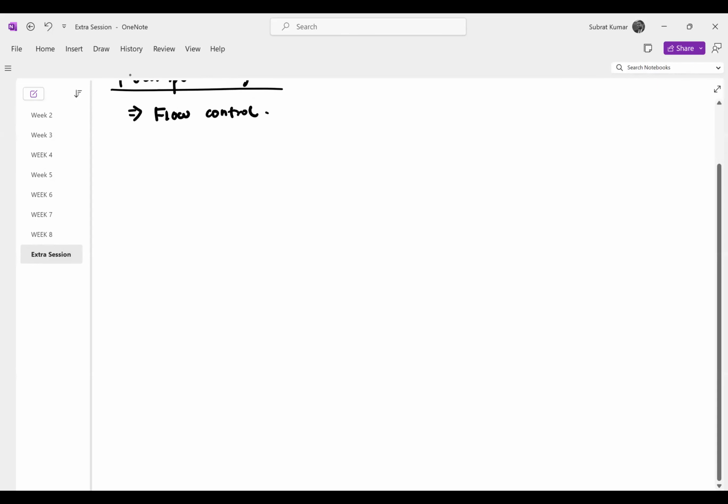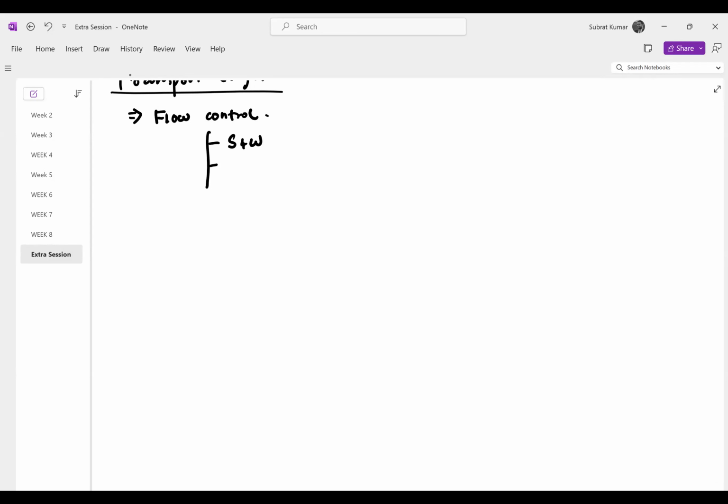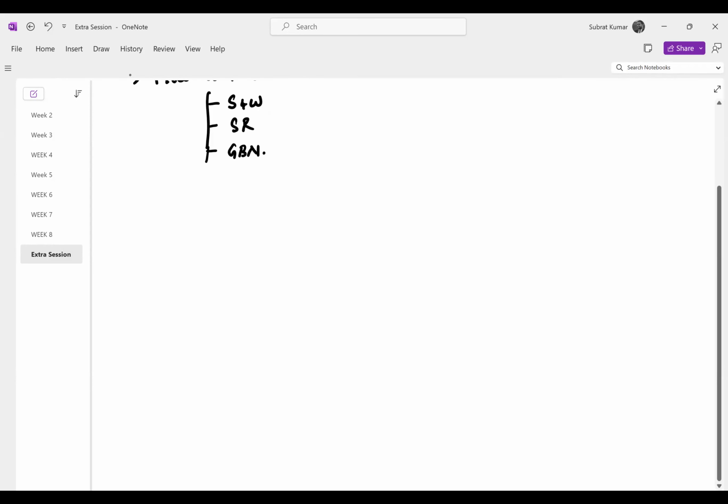In flow control, we have read three algorithms: stop and wait, selective repeat, and go back N. So we are starting the question.